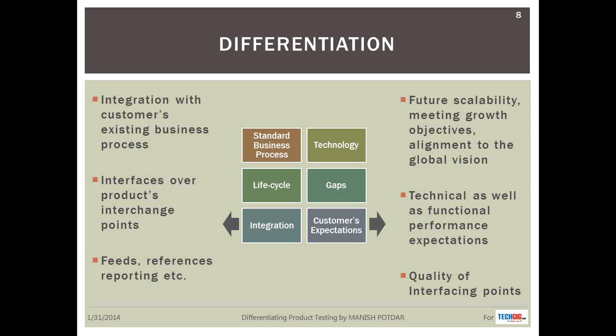They would look for the product to be scalable to their user experience needs, their user headcount needs, their technological needs, their business expansion needs, and the cultural needs of the whole bank itself, right? So the alignment of products to their whole global vision, and testing of this in the lifecycle, would have a very interesting approach to follow.